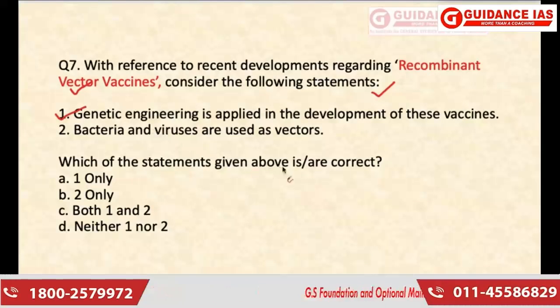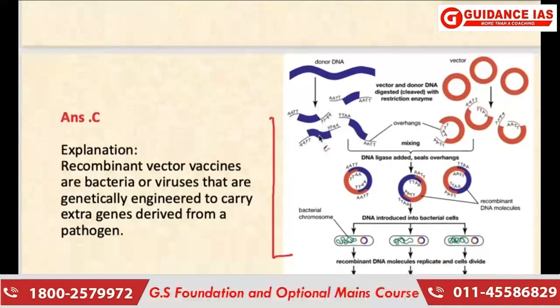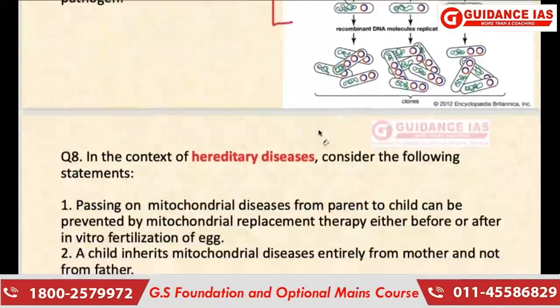So yes, bacteria and viruses also we use as vectors. हाँ, वो अलग बात है, we turn them in such a form that it becomes safe for introduction into the human body. So both the options are correctly mentioned here. Therefore, C is the right answer for this question.